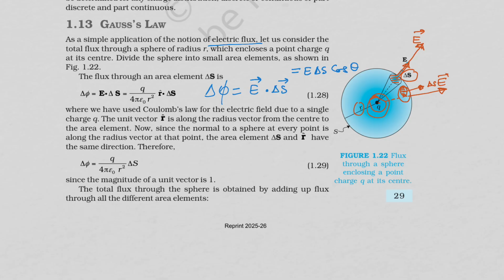Since the angle between the area element and the electric field is 0 everywhere, cos theta becomes cos 0 degree, which is equal to 1.